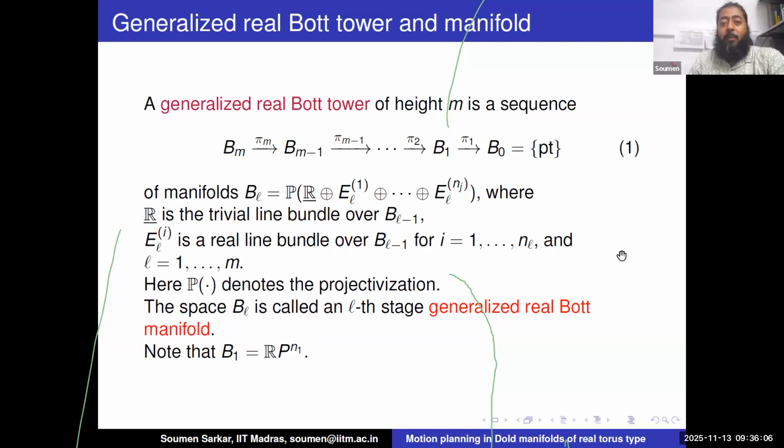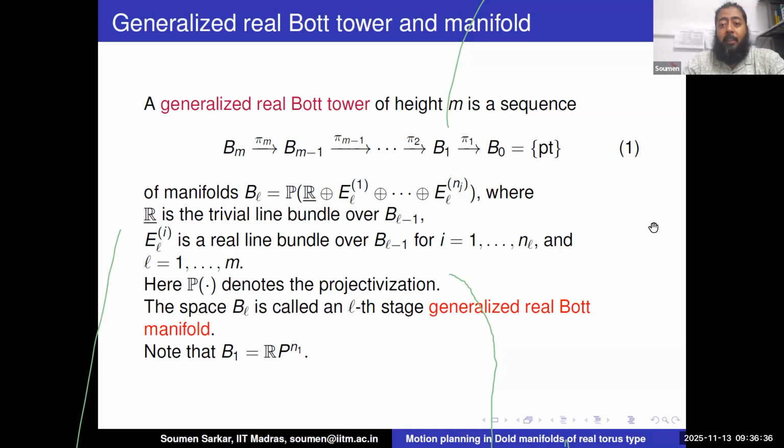What we consider is a point, and then on that point we take projective space, and then a tower where the fiber at each stage is real projective space. That is known as a generalized real Bott tower. At the Lth stage, we say it is an Lth stage generalized real Bott manifold.